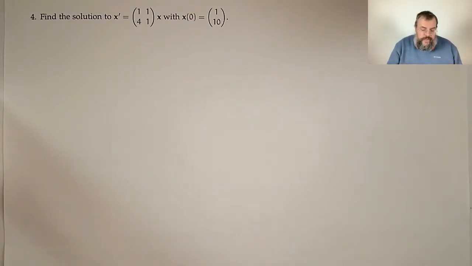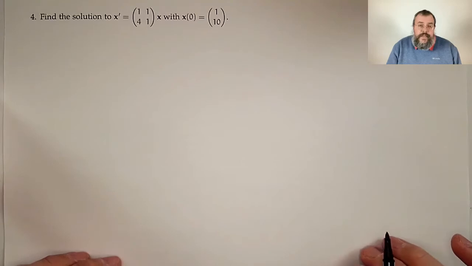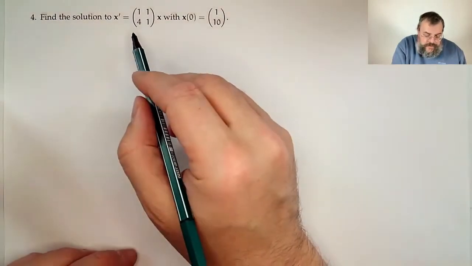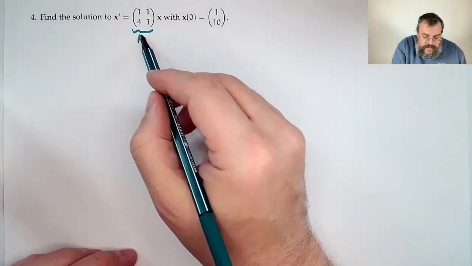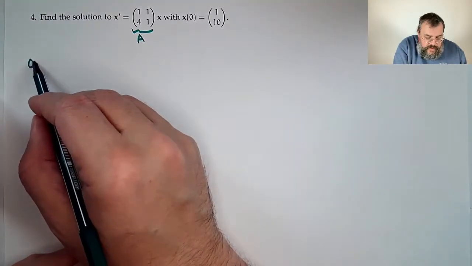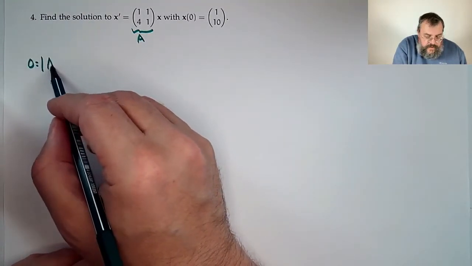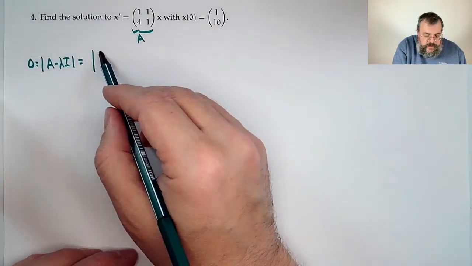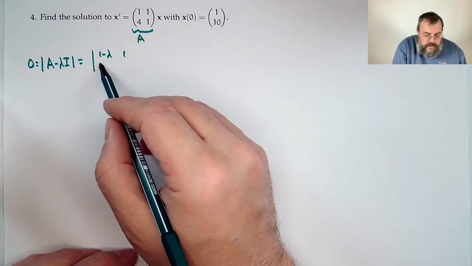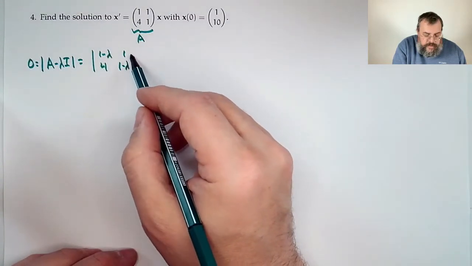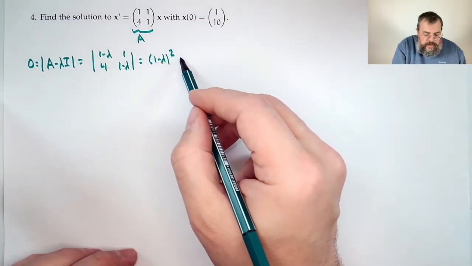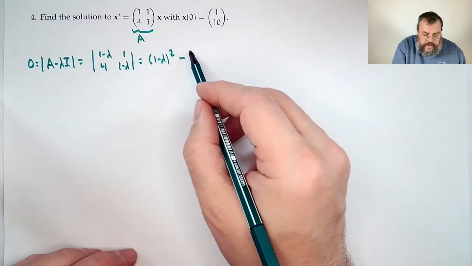All right, great. And so I would say, for this, we should start by doing the eigenvalue method. So how do you start the eigenvalue method? Well, we have our matrix A. All right. So we're going to take 0 and set it equal to the determinant of A minus lambda I. So that's the determinant of 1 minus lambda, 1, 4, 1 minus lambda, which is 1 minus lambda squared, subtract 4 times 1, which is 4.